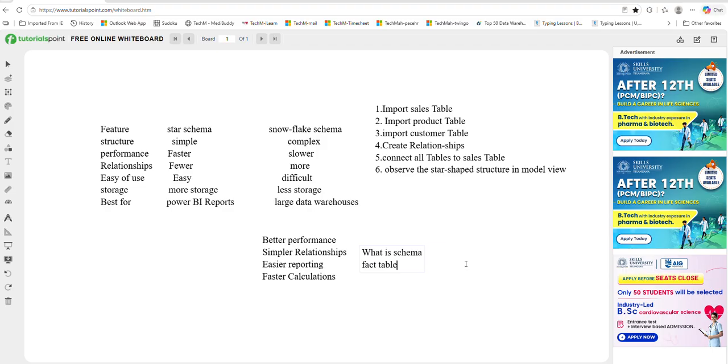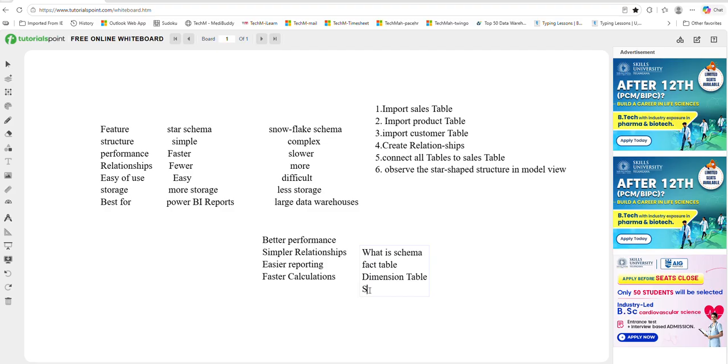We can consider this as the fact table. After that we learned about dimension tables, what a dimension table is and how it is connected. Between the fact table and dimension table, which table will we prefer? Fact table, right? I already explained this.